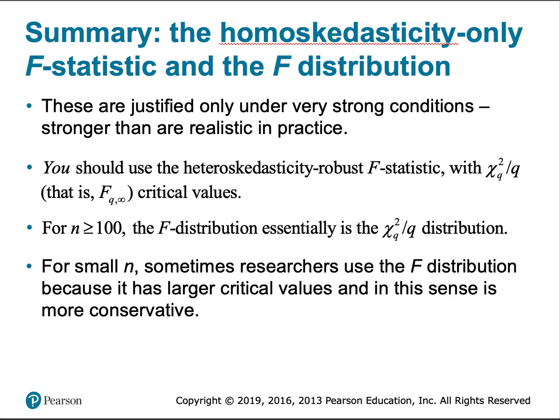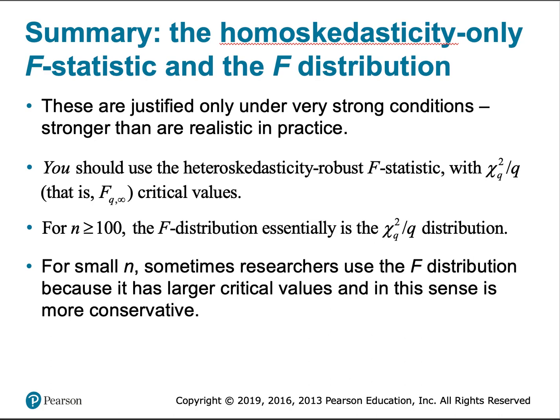These statistics are justified only under very strong conditions, which are stronger than realistic in practice, because in practice we often have heteroscedasticity, right? It is rare that we see homoscedasticity. You should use the heteroscedasticity-robust F-statistic with critical values from the chi-squared over q distribution, which is the F(q, infinity) distribution. These are the critical values that we want. For large sample sizes, the F distribution is essentially the same as the chi-squared over q distribution.